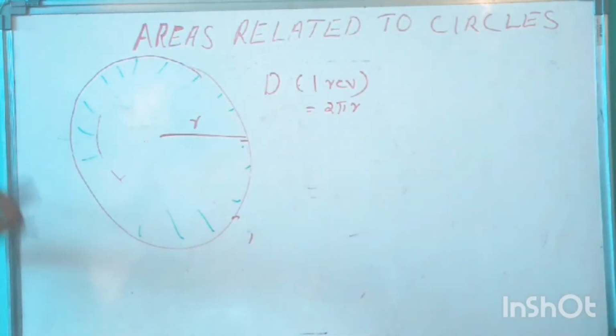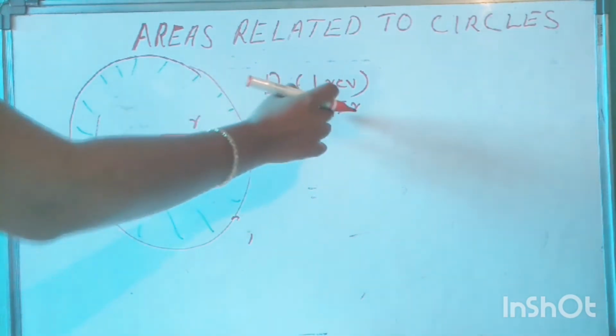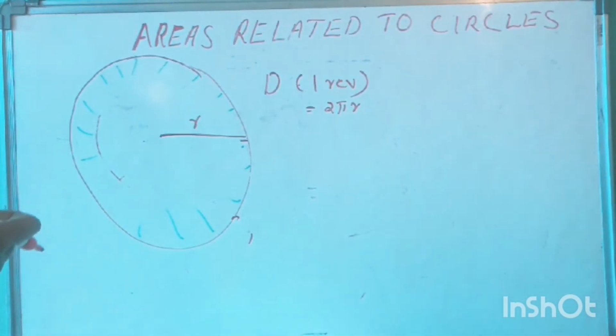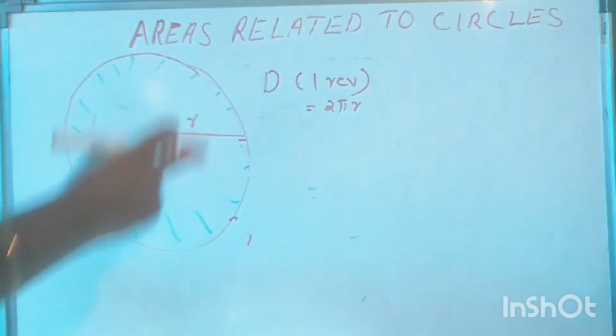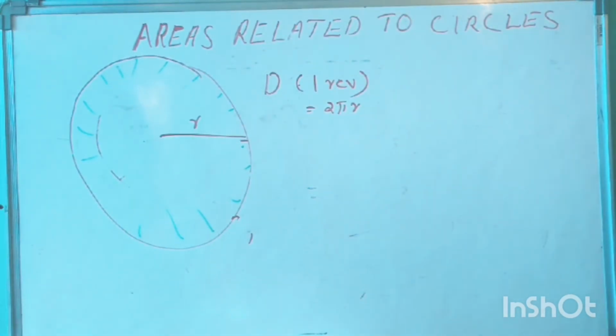Because we are going to use this concept in exercise 12.1, just listen carefully. If we have a wheel with radius r, then the distance covered by the wheel in one revolution is equal to the perimeter of the wheel. Wheel is in the shape of a circle, so perimeter of a circle is equal to 2 pi r.